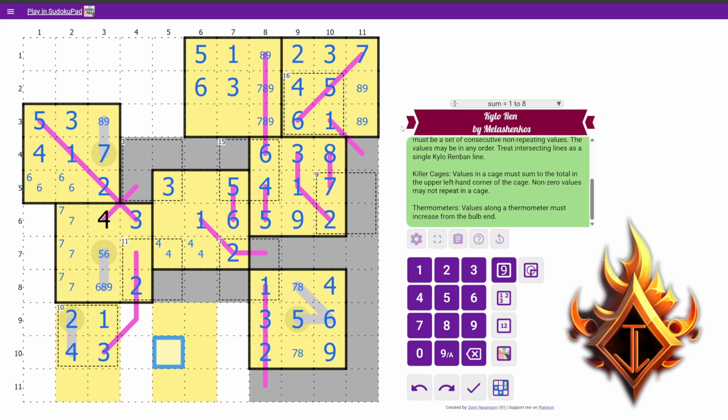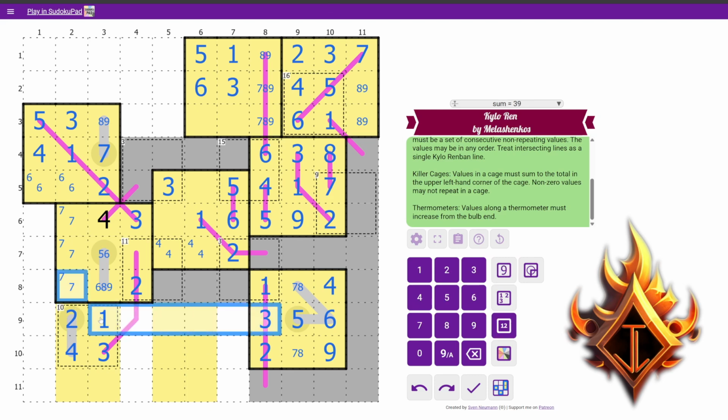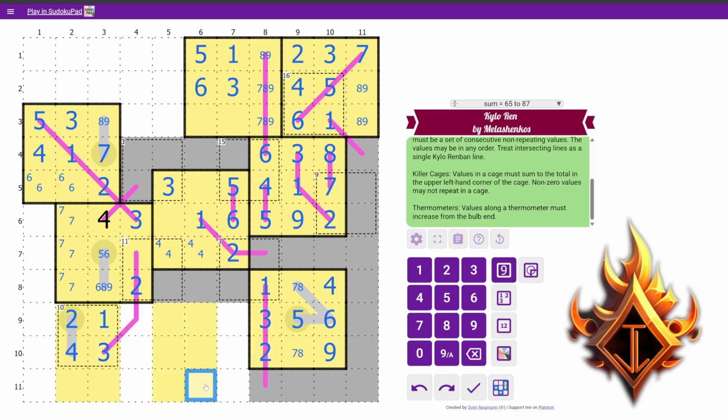Still have not sorted that out. Oh, I get the 3 though, don't I? Let me just check. 3 cannot go in there, cannot go in there, cannot go in there, cannot go in there. So no matter where this box goes, it is getting a 3 there.